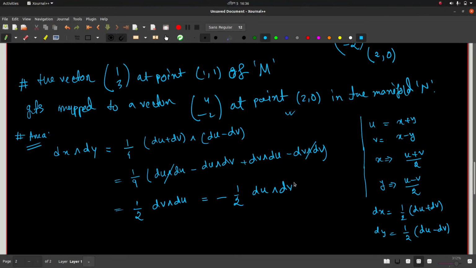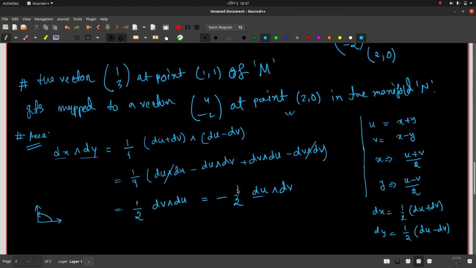So this is one way, an elementary way to see how your area form changes. And note that this minus sign is actually telling you the orientation of the area, because if you consider this product to be a positive thing, that means this kind of orientation where you go from x to y in a counterclockwise direction, if this is positive, then when you go from du to dv in the counterclockwise direction, that will give you a negative sign.